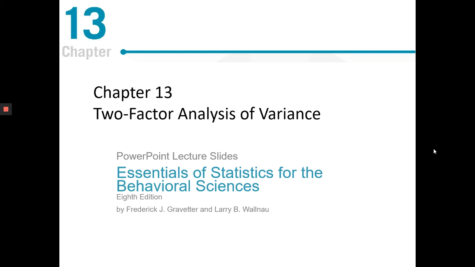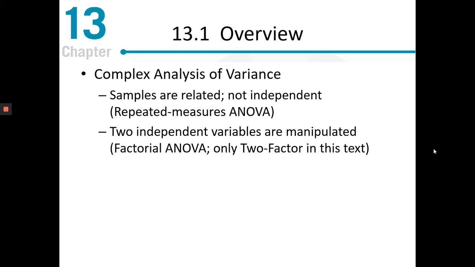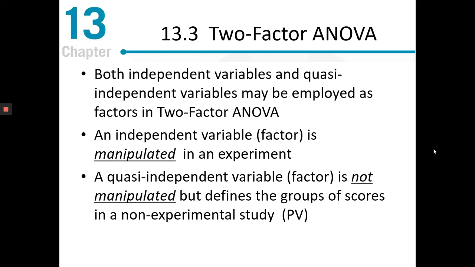Now we're going to cover two-factor analysis of variance. So let's talk about what that is. This is a more complex type of analysis. When we talk about two-factor ANOVA, a factor is a variable.